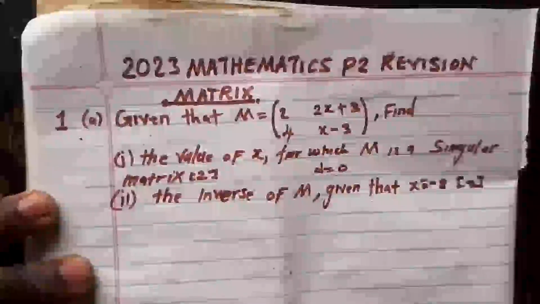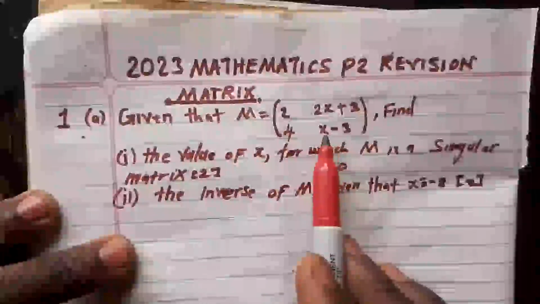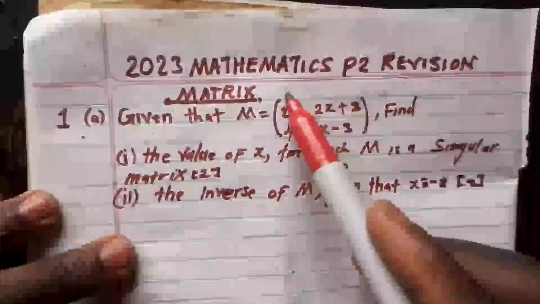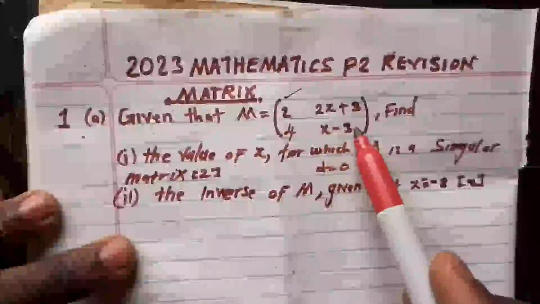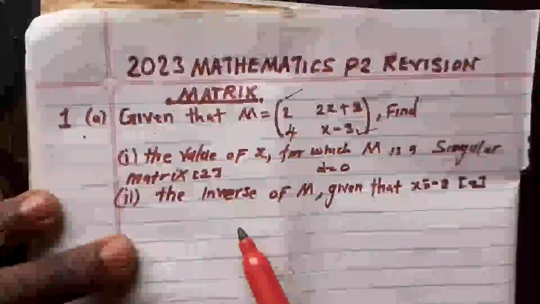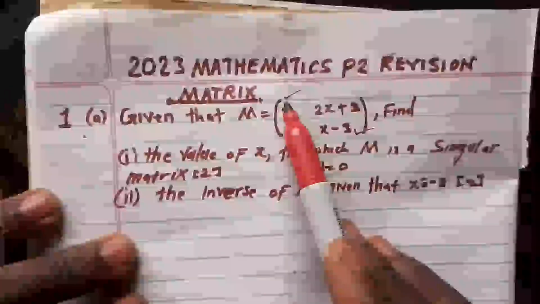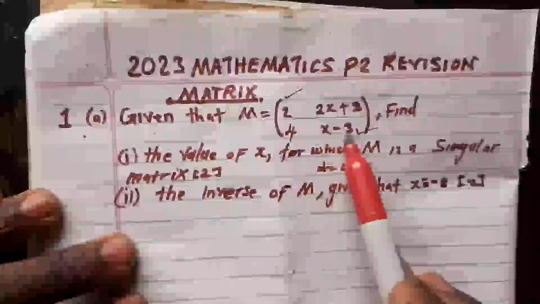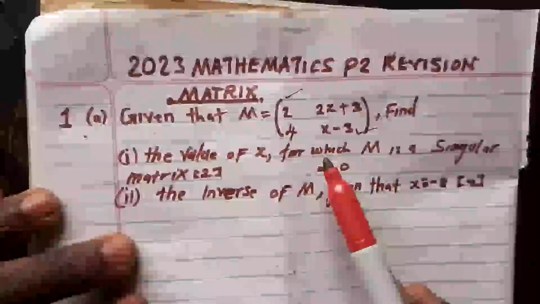Then, these two here and x minus 3, these are called the major diagonal.